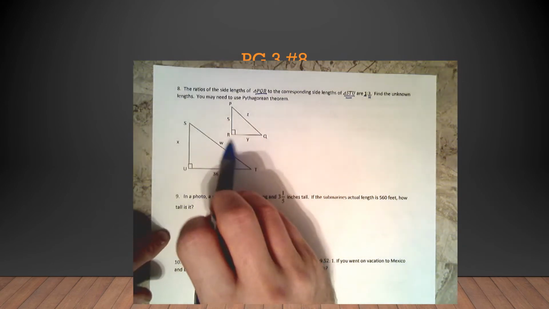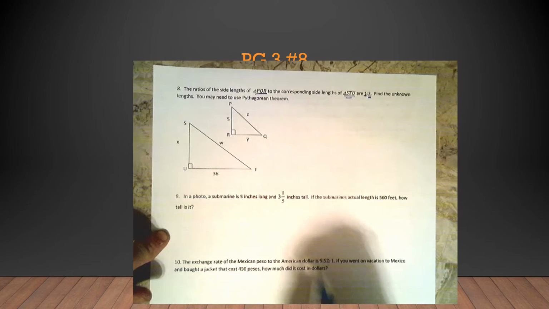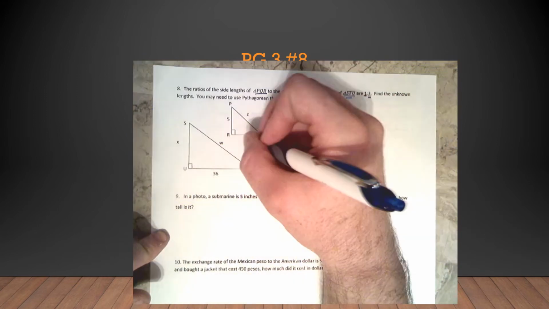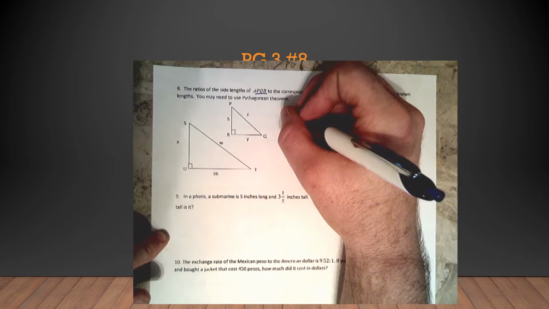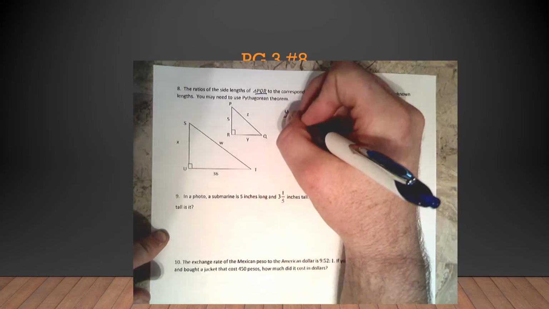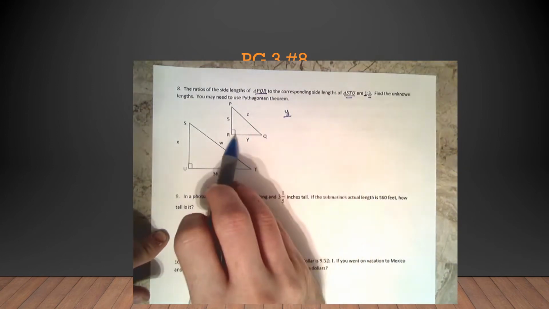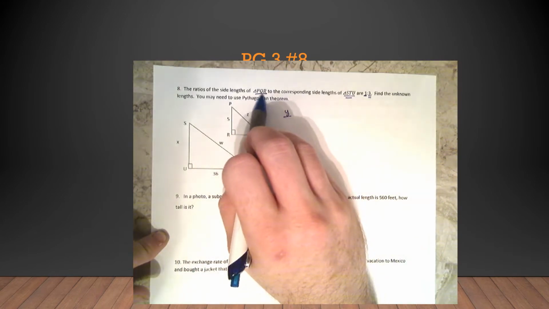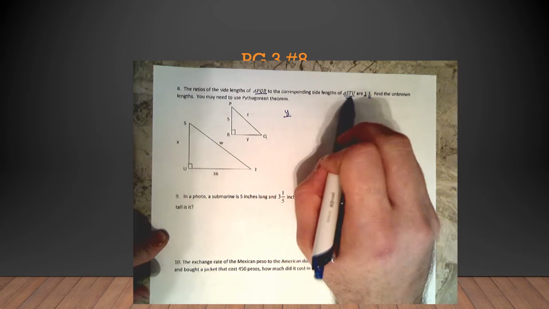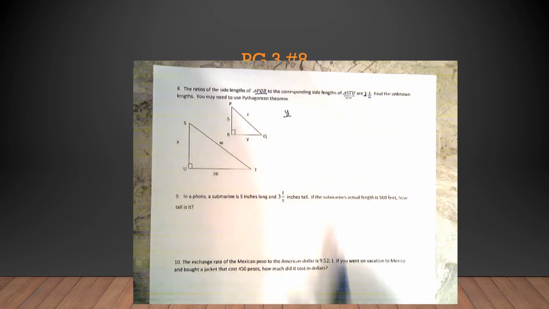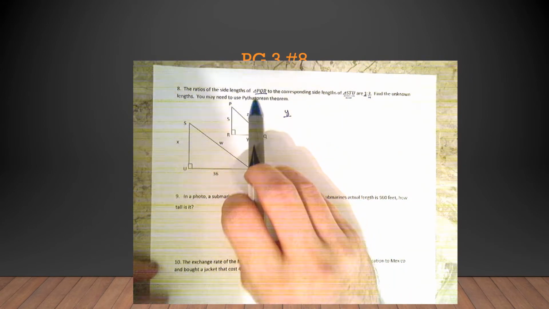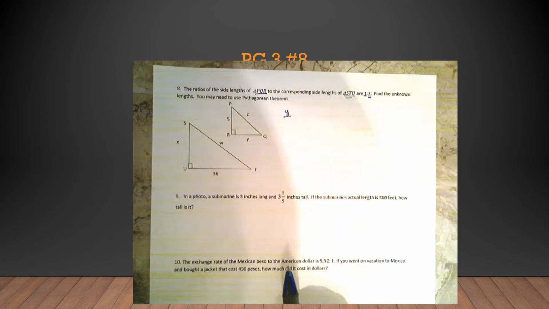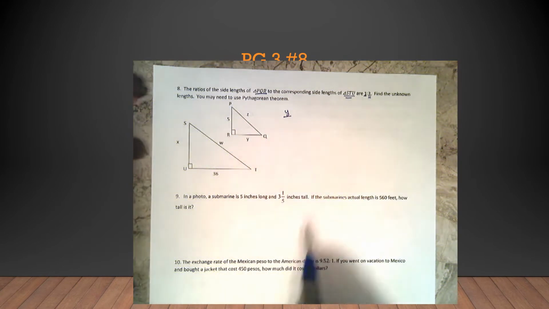So in this one, this is our smaller triangle, so this is going to be what's in the numerator. So I have Y over what it correlates with. RQ correlates with UT. If you don't remember how to recognize it, this was our CPCTC: the corresponding parts of congruent triangles are congruent.